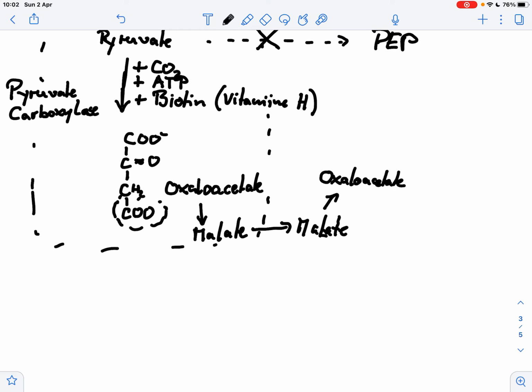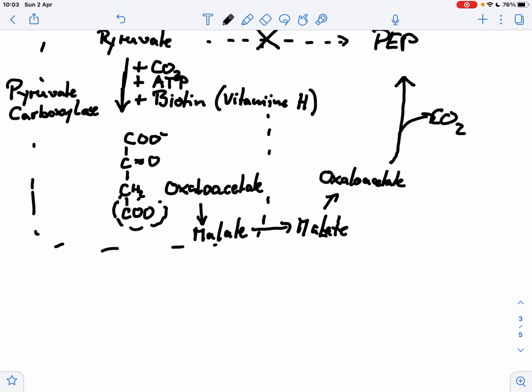And this oxaloacetate in the cytoplasm that we've got now is then used to remove the carbon dioxide again. So we remove the carbon dioxide.